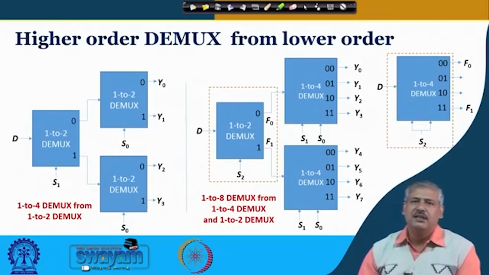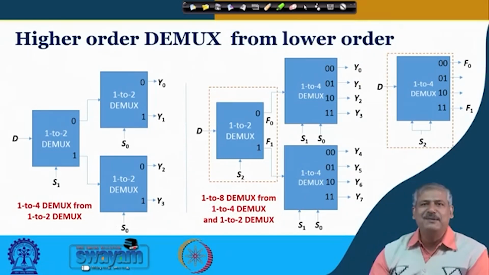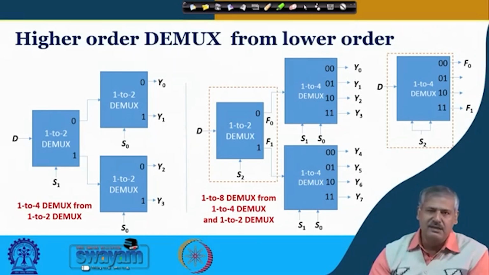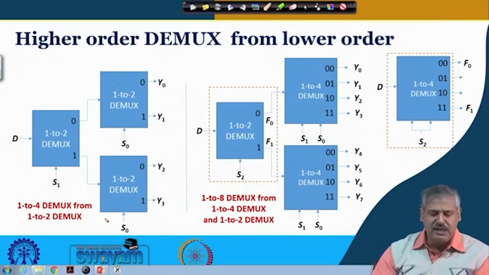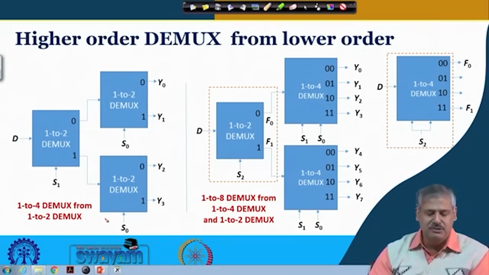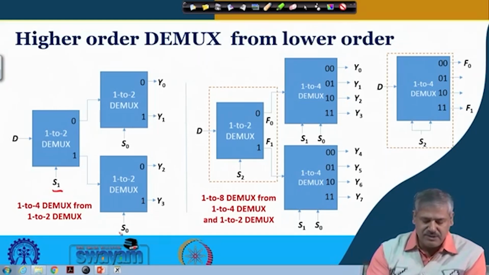Then how to get a higher order from a lower order demultiplexer? Again the philosophy is similar to what we had for the case of multiplexer, getting a higher order multiplexer from the lower order multiplexer. Here is an example where we get a 1 to 4 demultiplexer from 1 to 2 demultiplexers. There are two select lines, S1 and S0.